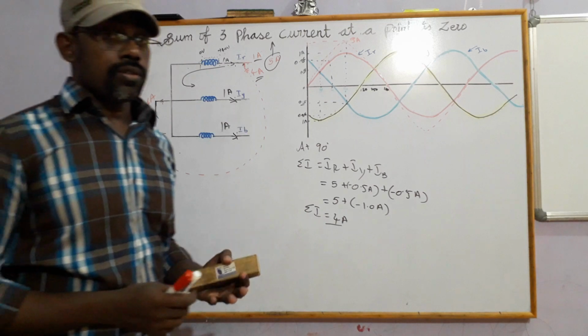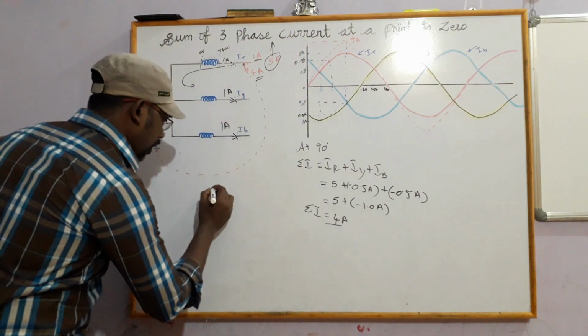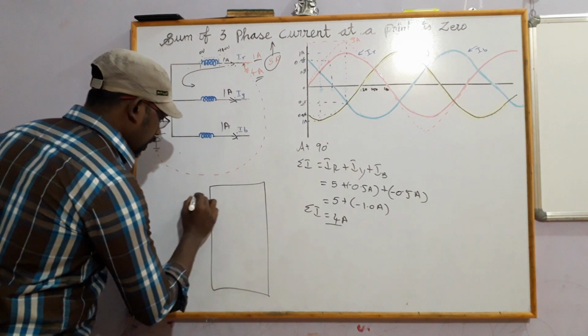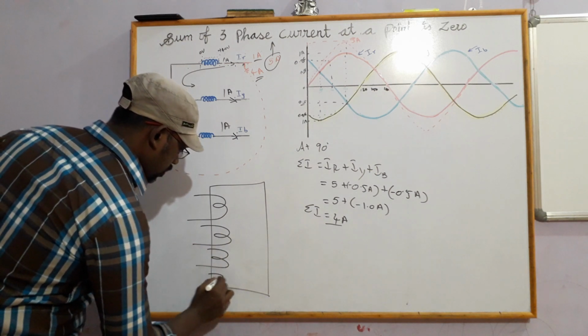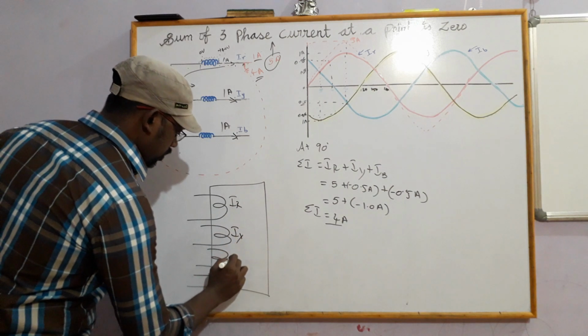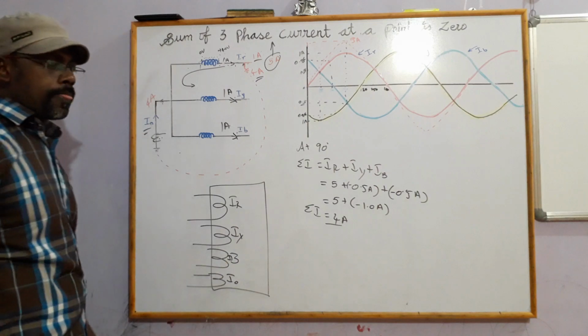And we are going to see one more thing: if you consider our relay, the relay has an internal CT. Let us consider the R phase, Y phase, B phase current CTs, and another one, the RCT.